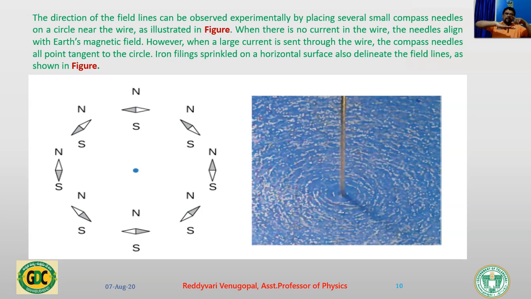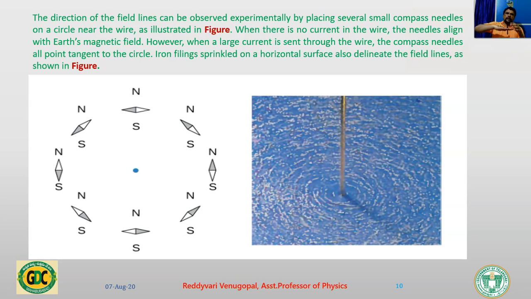If you pass a current through this conductor and put small compasses around it on a circle, when current passes through this wire, all the compasses align along the circle. That means the magnetic field line is always a circle.